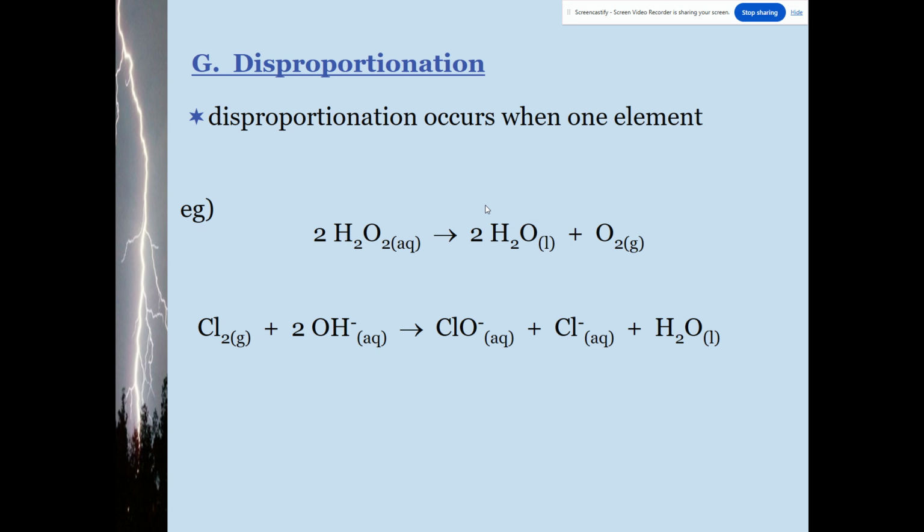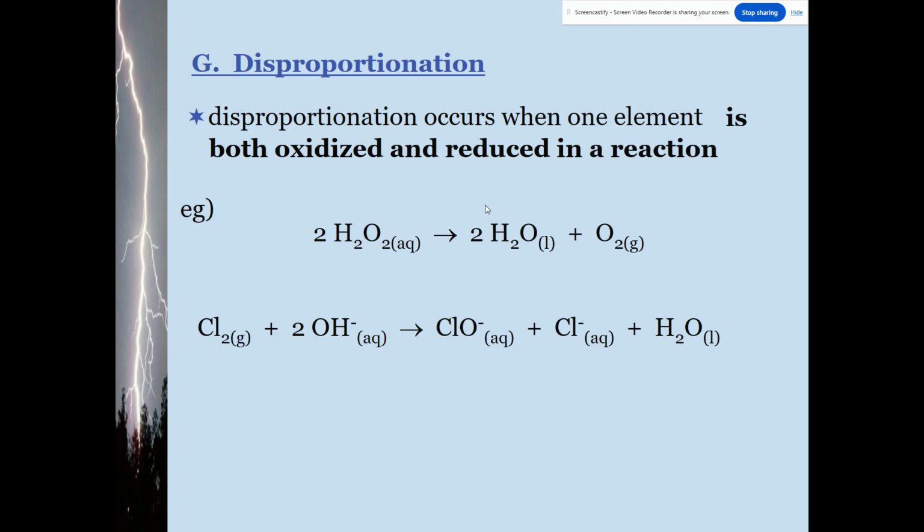Now there's one last terminology that we need to do before we finish this lesson, and it is called disproportionation. Disproportionation will come up. It is when an element has undergone both oxidation and reduction in a reaction. Now, how can that happen?